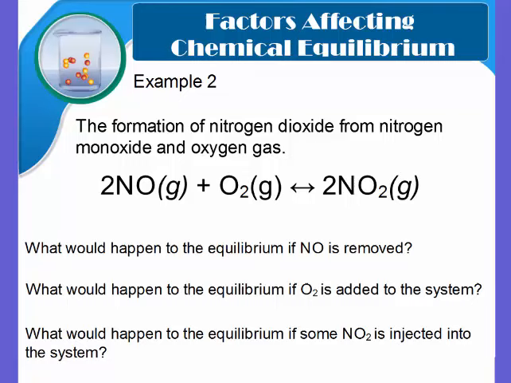Let's look at another example together. Here we have 2 nitrogen monoxides reacting with oxygen gas to produce 2 nitrogen dioxides. So if we remove NO, then it's going to want to shift to the left to make more NO up.